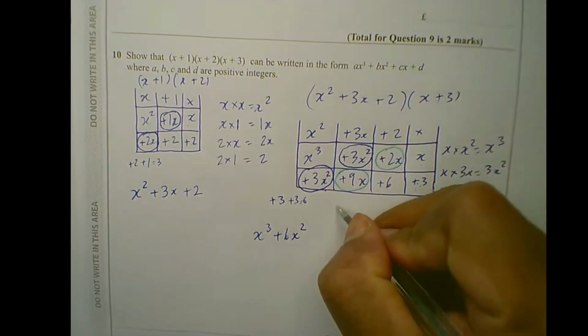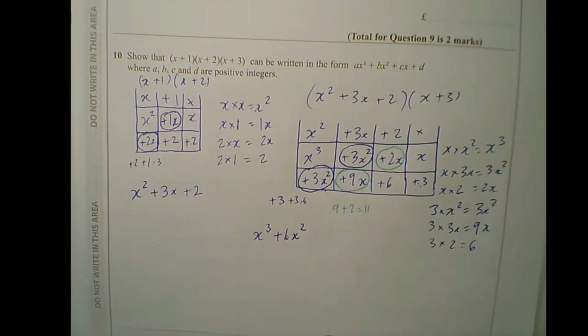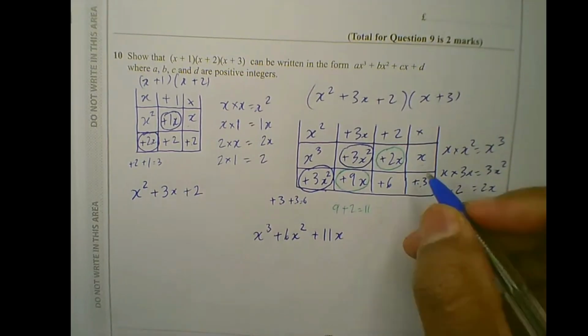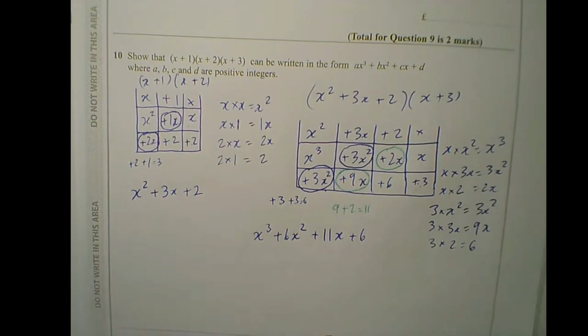So I can ignore the x for now. 9 plus 2 gives me 11. So I'm going to get 11x. And then I've got my 6 there, plus 6. So my final answer is x cubed plus 6x squared plus 11x plus 6. So hopefully you got the same answer. Well done if you have.